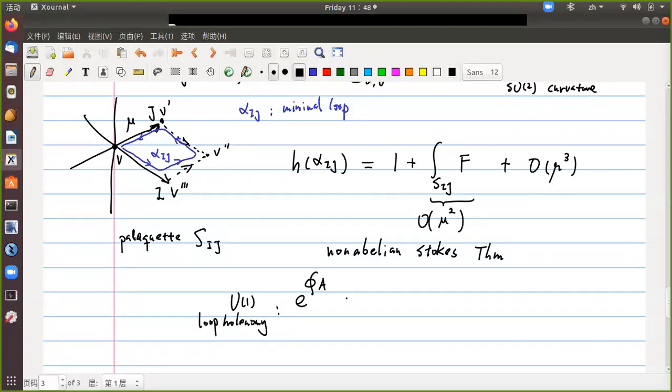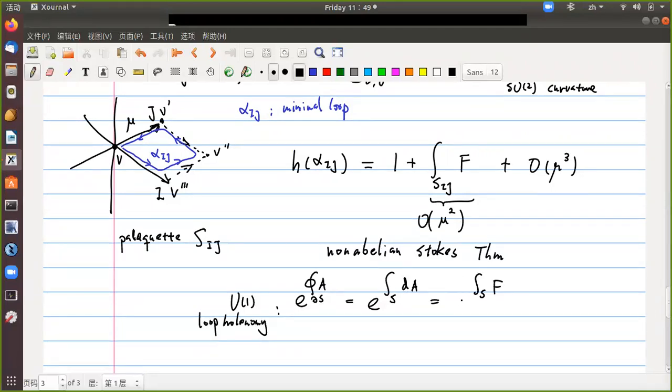But you have Stokes theorem, so this closed integral of this one-form equals a surface integral of the two-form dA, where the integral is along partial S. S is a plaquette, and partial S is just alpha, the boundary of the plaquette. So if you have a one-form integrated along the boundary, it equals the two-form d of this one-form integrated on the surface. But dA is just the curvature, the field strength.